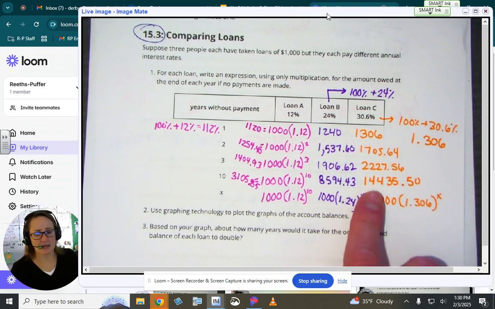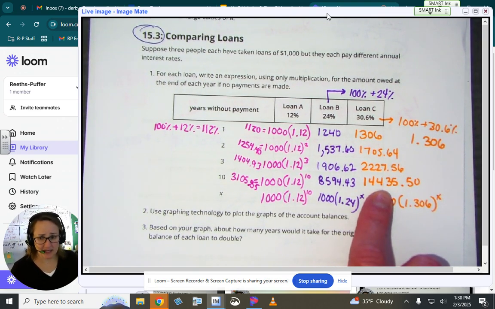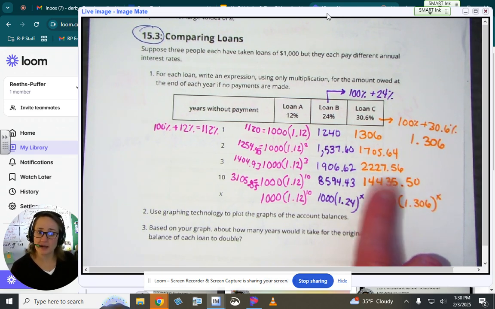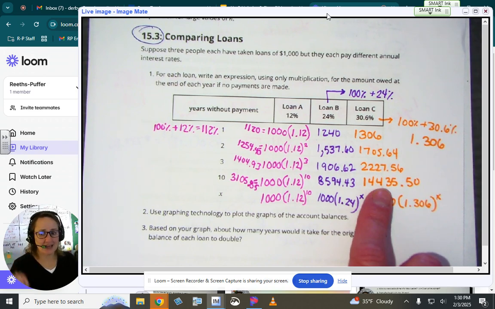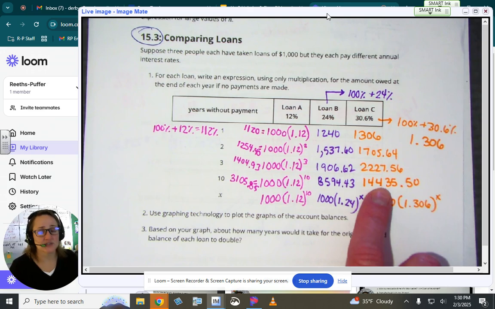And if you don't ever pay it off for 10 years, they will let it get up to $14,000 and then send you to collections where they track you down and they take money from your paycheck. And they're allowed to do that because you signed a loan that you promised to pay it back. And if you don't pay it back, they will come get every bit of their $14,000 because they feel like they're owed it.